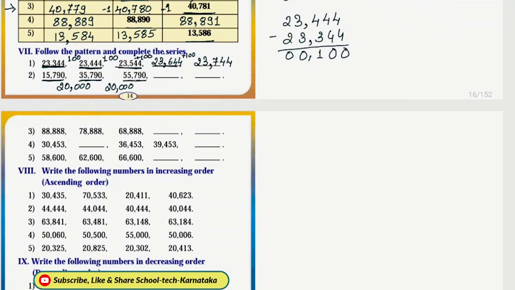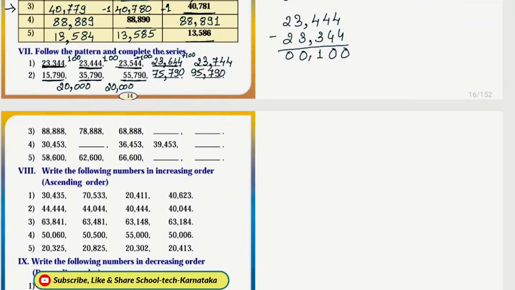When we add 20,000 to 55,790, we get 75,790. And our next skip number would be 75,790 plus 20,000, that would be 95,790.